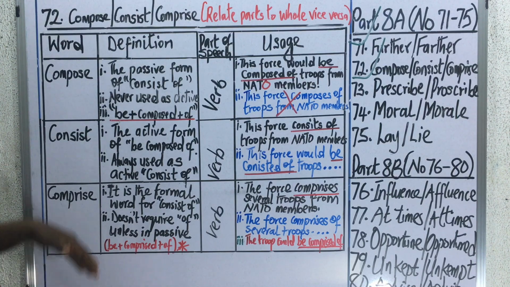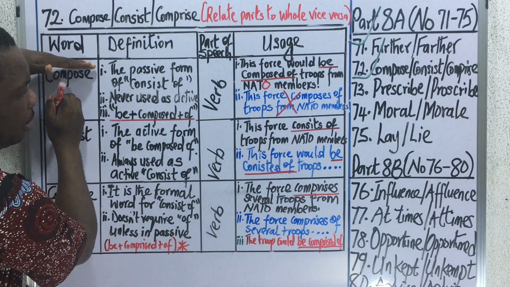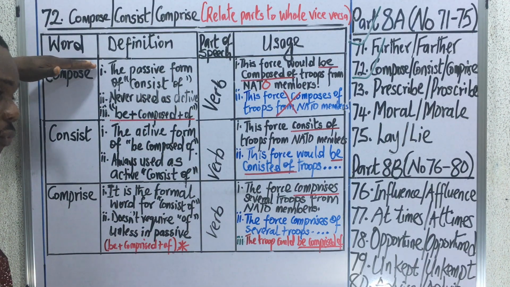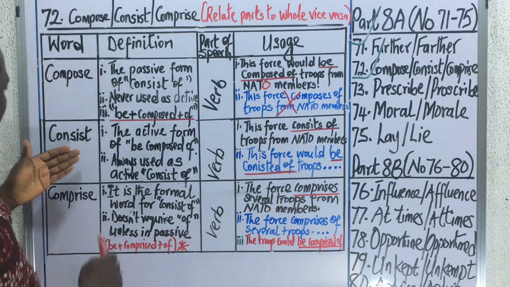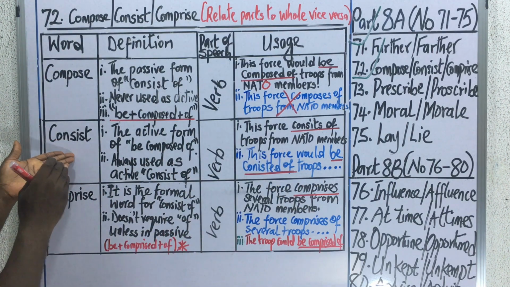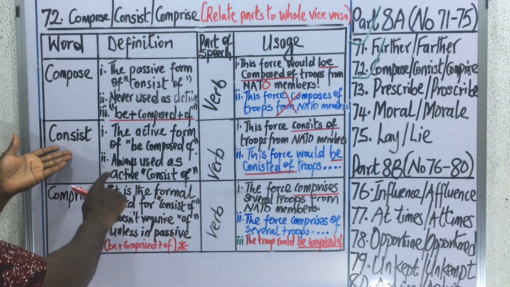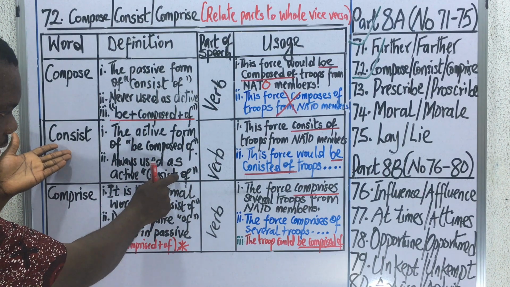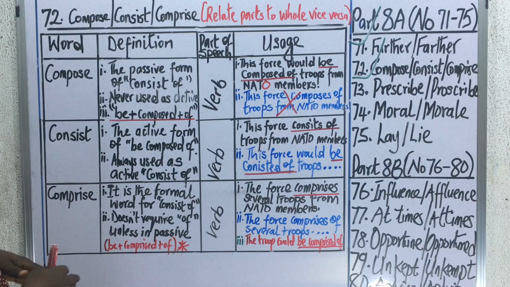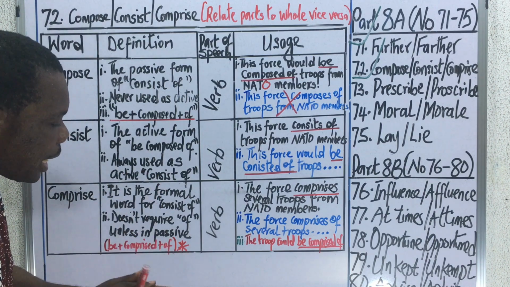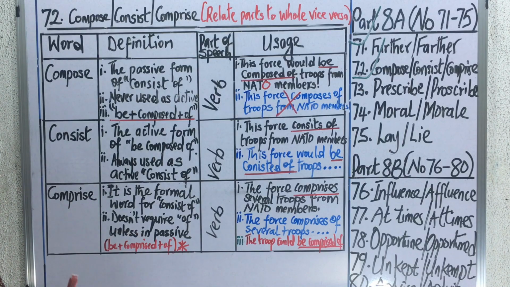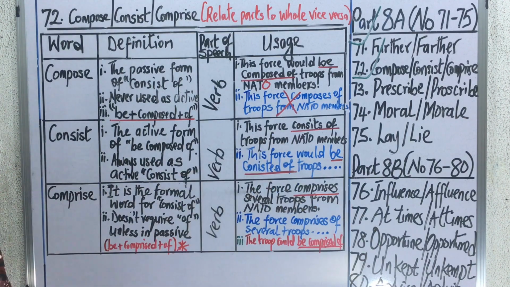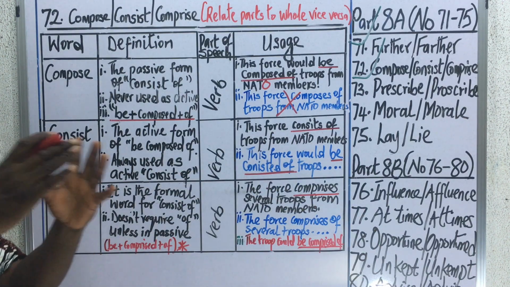Whereas be composed of is the passive form of what something is made of, consist is always used as active, in the form of consist of. In other words, if be composed of is passive, consists of is active. So you can use consist of in active form.